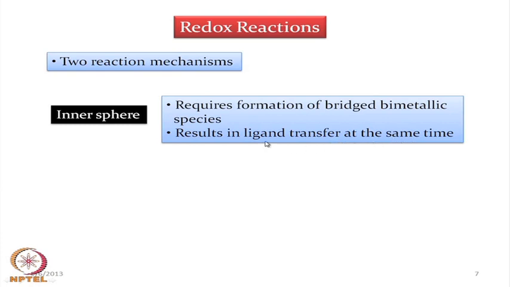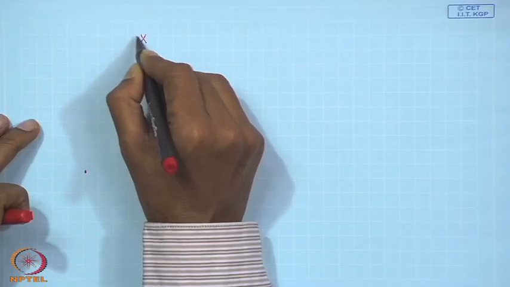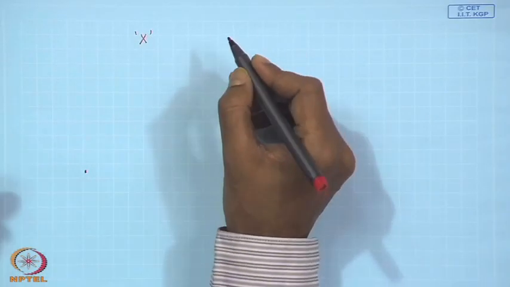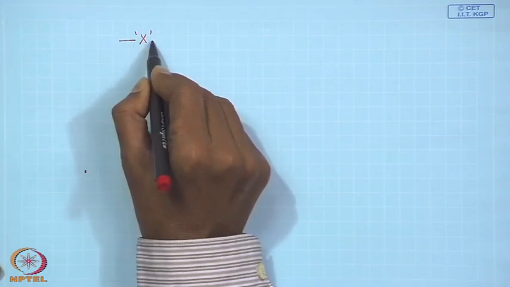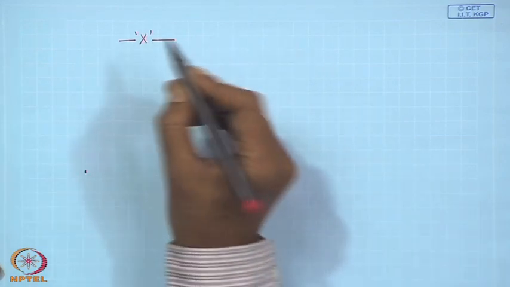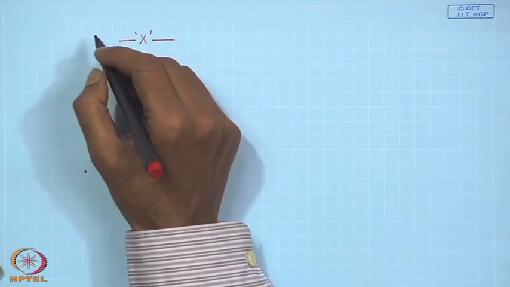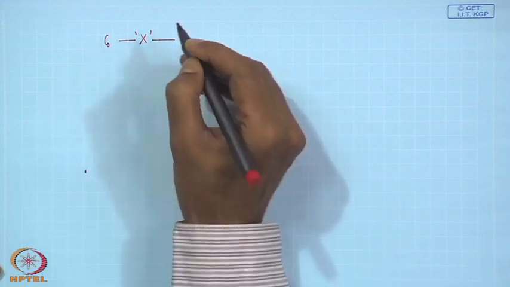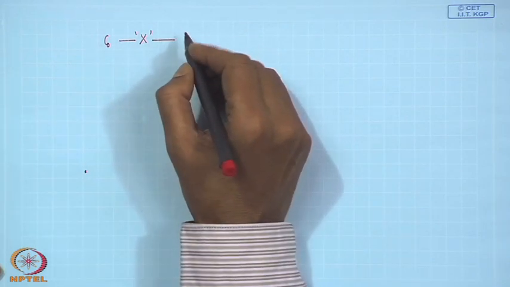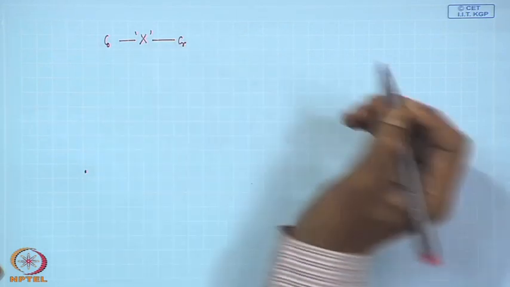That means we can have a ligand X, which is the unique ligand, and that ligand can bridge two metal centers. One can be a cobalt center, or it can be a chromium center.